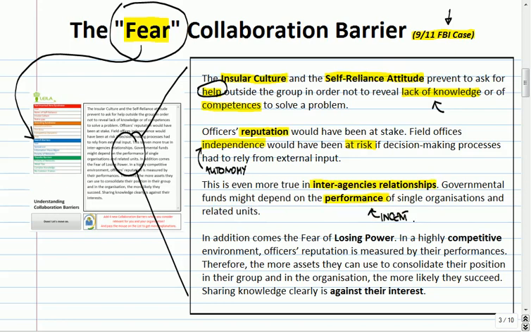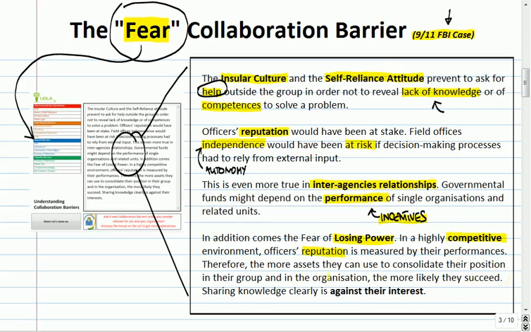People might be willing to work collaboratively, but the organization might not provide them the right incentive. And we have seen misaligned incentives is another of the collaboration barriers we have identified. And then in addition comes the fear of losing power. In a highly competitive environment, as FBI is, the reputation of officers is measured by their performances.